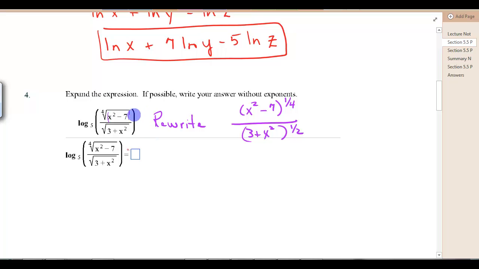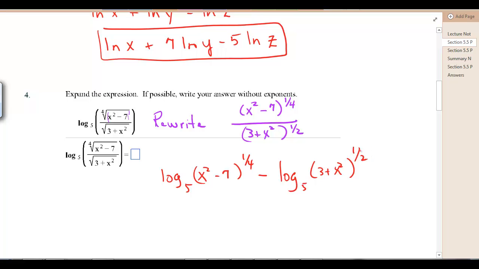All right, so this is a quotient. Let's do our subtraction thing first. So we have log base 5 of x squared minus 7 to the 1/4 minus log base 5 of 3 plus x squared to the 1/2.